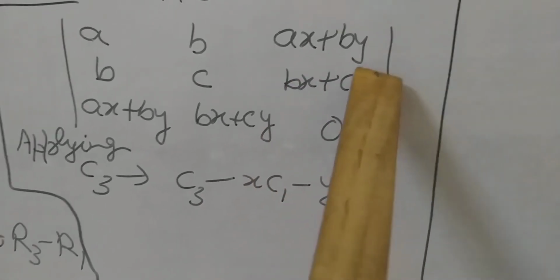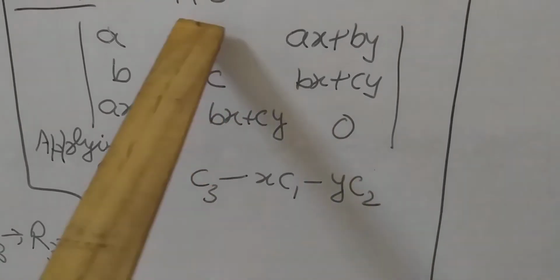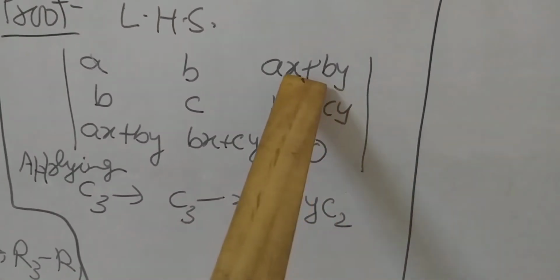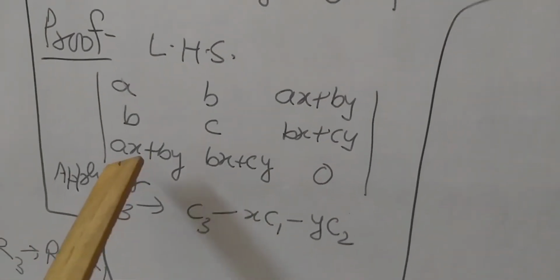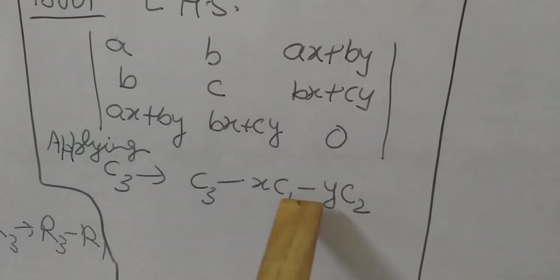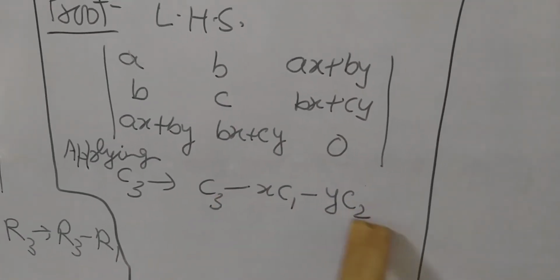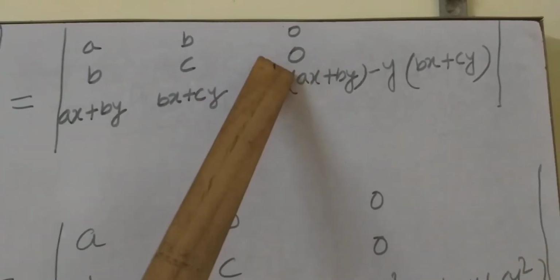So AX plus BY minus AX minus BY, the whole thing will be cancelled. Answer 0, so here we write 0. Similarly, for the second row, BX plus CY minus BX minus CY, so answer 0. That's why, students, I have written here first column as it is, second column as it is, third column 0, 0.